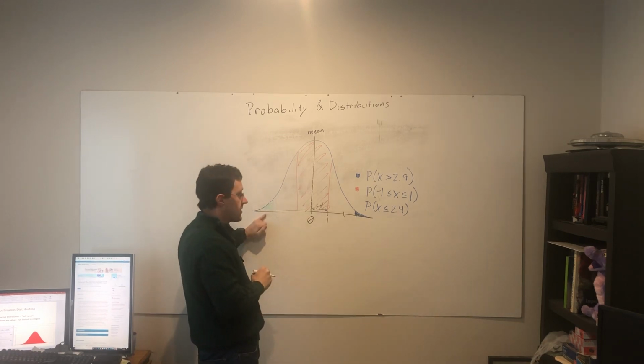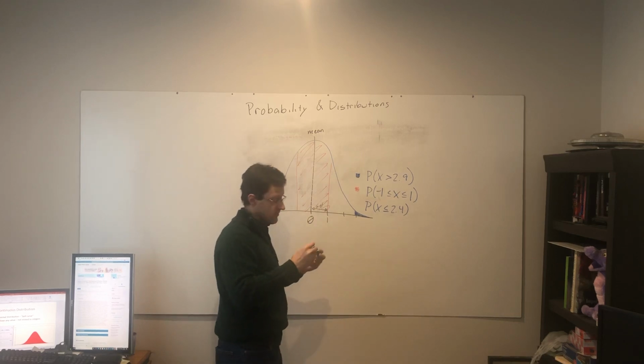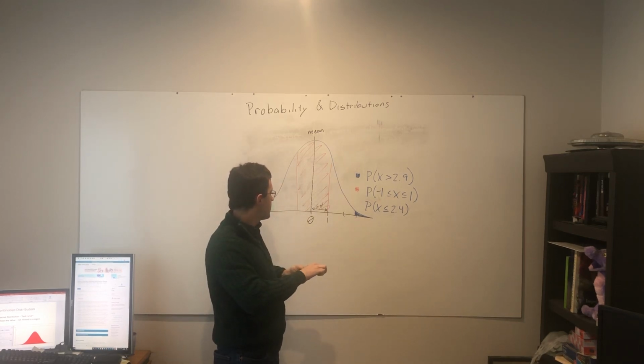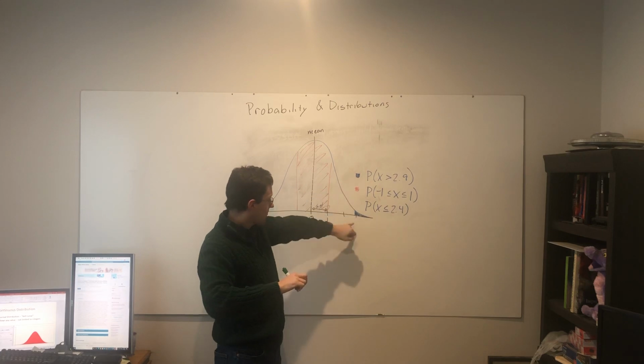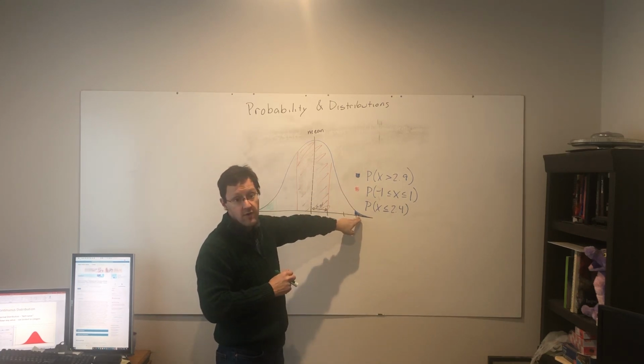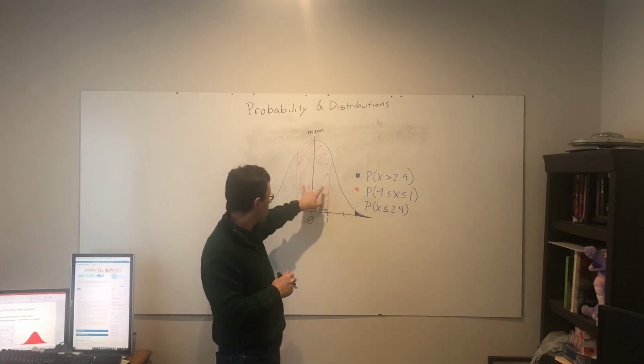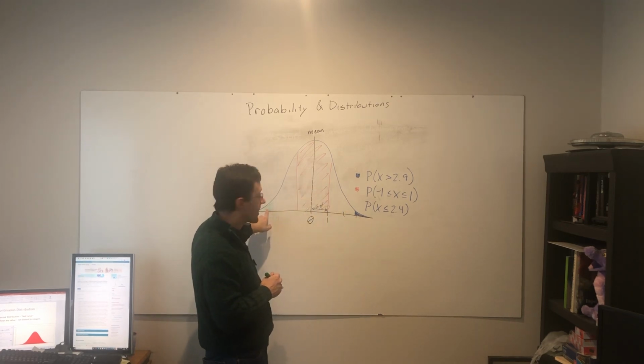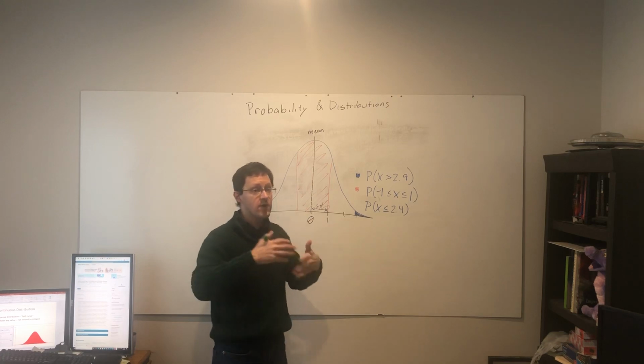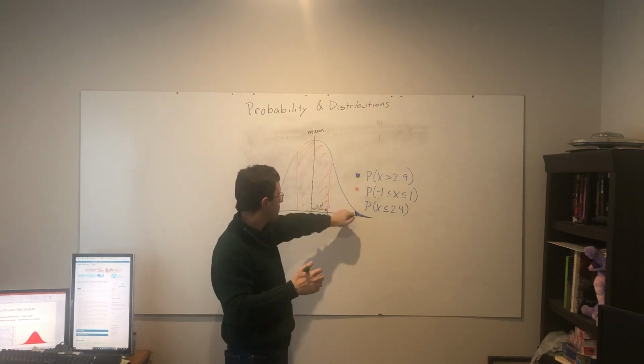And I put here in green, less than -2.4. All of these are valid probability statements, and it's the proportion of this small area, or this large area, or this, again, kind of small area, divided by the total area.